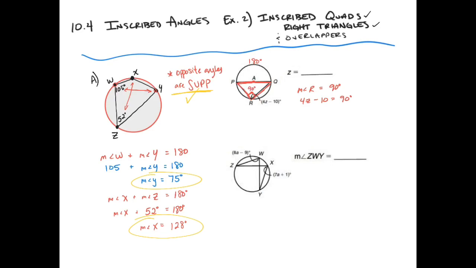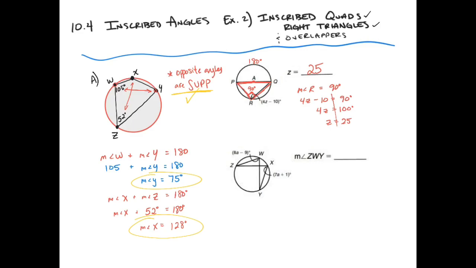Okay, that's why it works. Now let's figure out what Z is. 4Z minus 10 equals 90. Add 10 to both sides, and 4Z equals 100. Divide by 4, and Z equals 25. So Z is 25. Cool, so we got the right angles figured out.